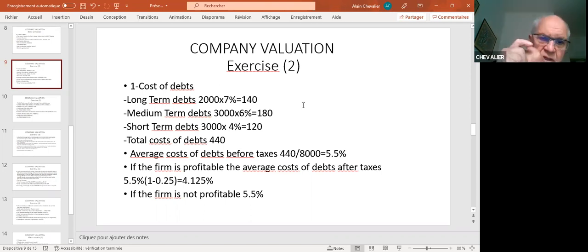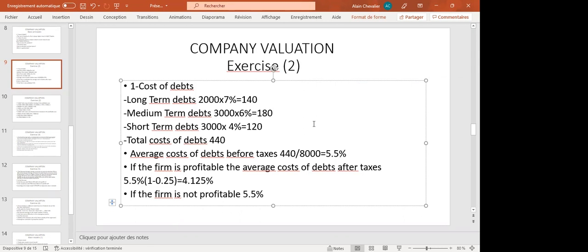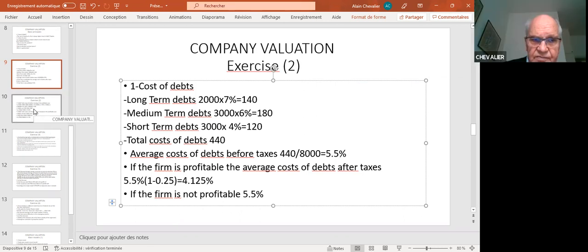And the firm has two different costs of debt depending on the level of profitability and the level of taxes in the country. Here, with a 25% tax rate, it is 4.125% and 5.5%. So this has to be integrated also into the calculation.